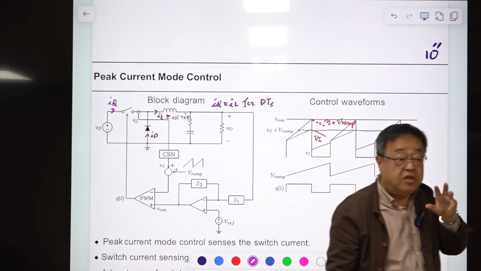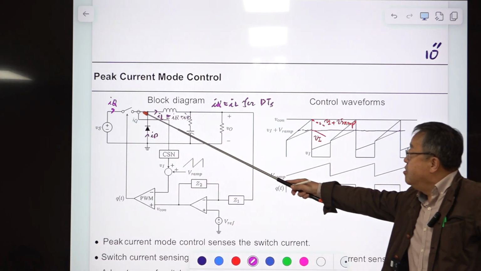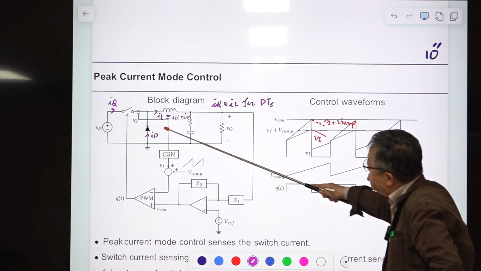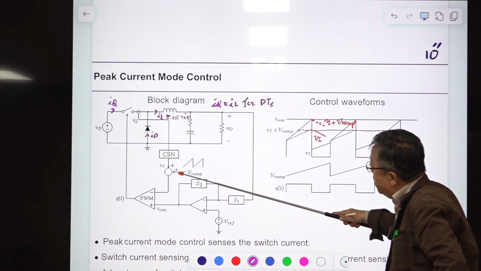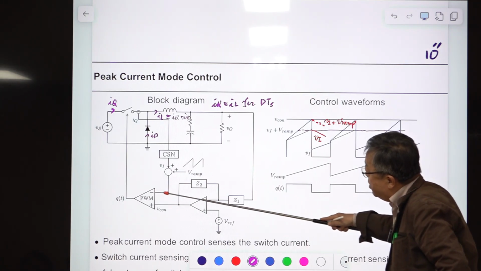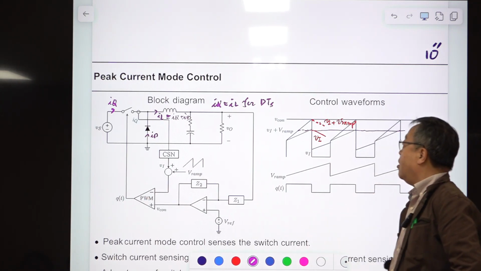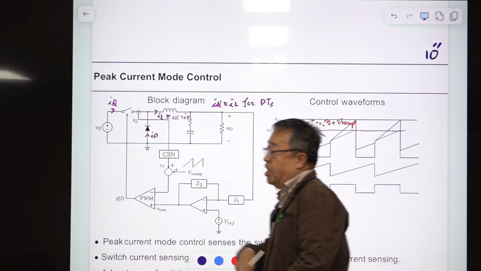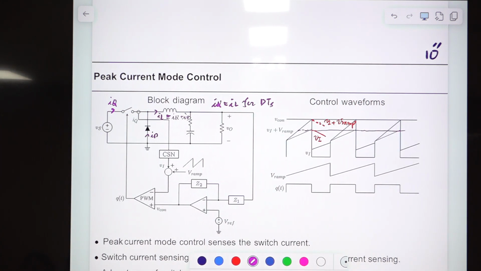In the engineering sense, this is the proper place to sense the current. This switch current is sensed by the CSN and mixed with the ramp, and fed to the negative terminal of the PWM block, and using this and the clock, generates the pulse-width-modulated switch drive signal. This is called switch current sensing.